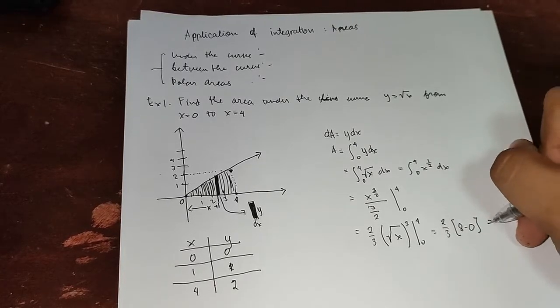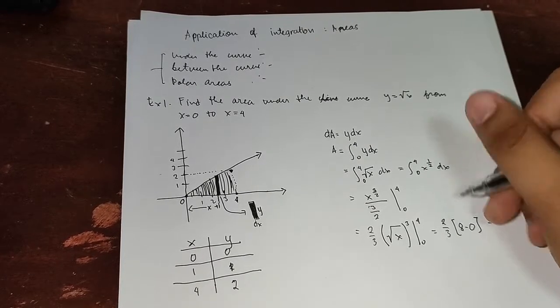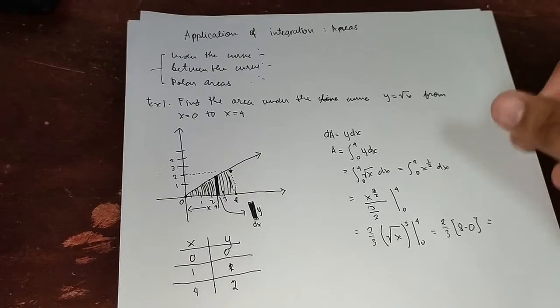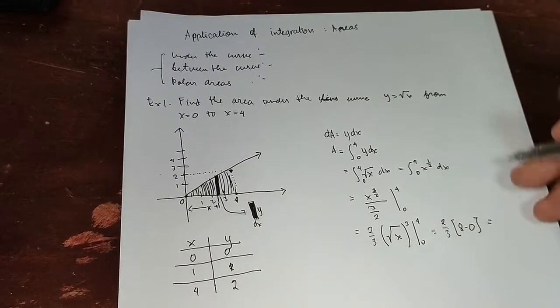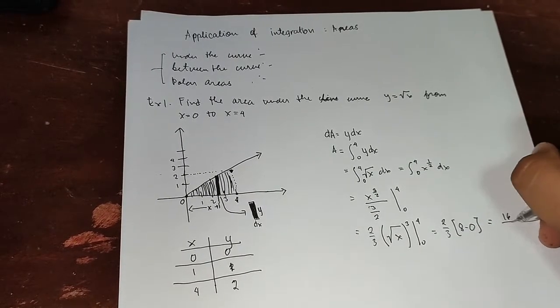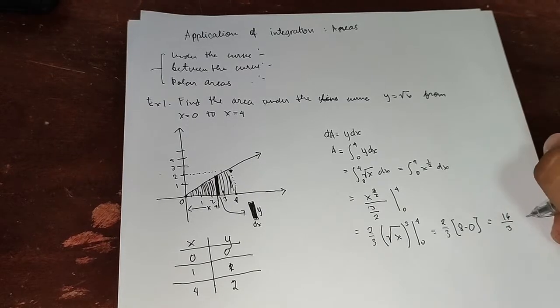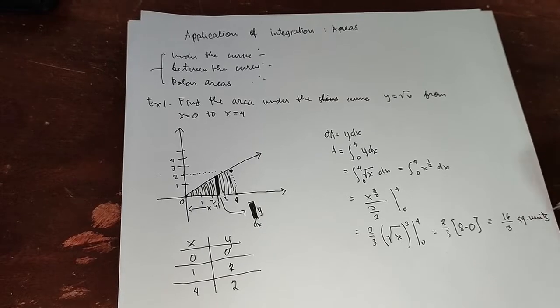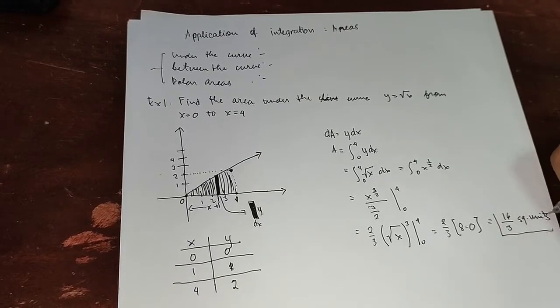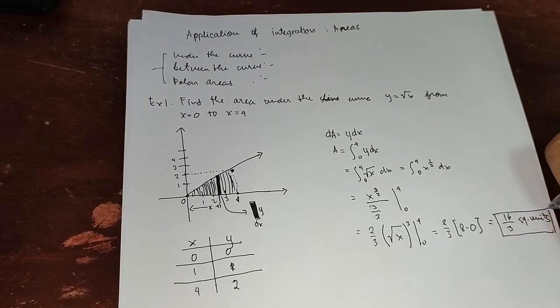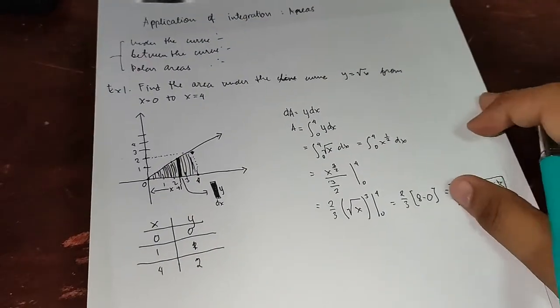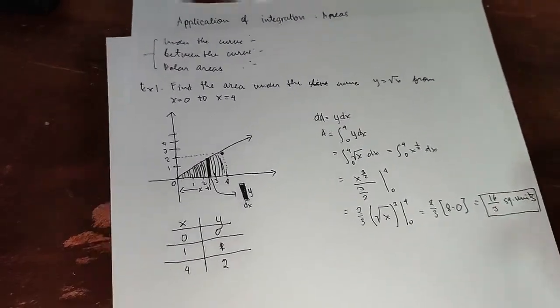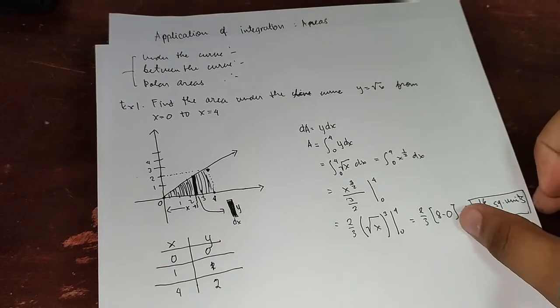And 8 minus 0 is 8, so 8 times 2 over 3 will become 16 over 3 square units. And that's how you get your final answer for example number 1.